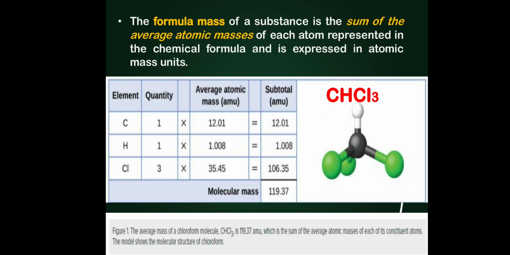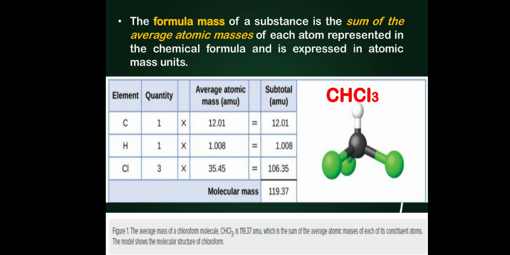In the last part, you add all of the subtotal atomic mass units: 12.01 plus 1.008 plus 106.35, and the total molecular mass would be 119.37.